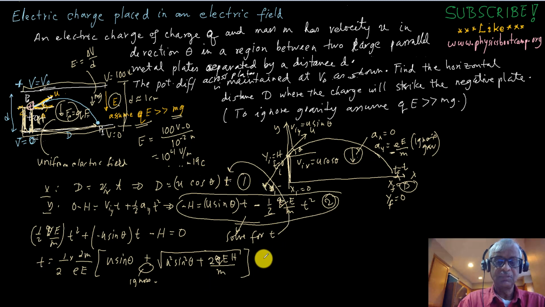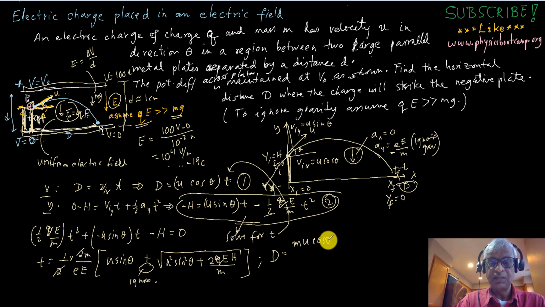So d is just simply this number times t. So you have m times u times cosine theta over QE. Let's call it QE.